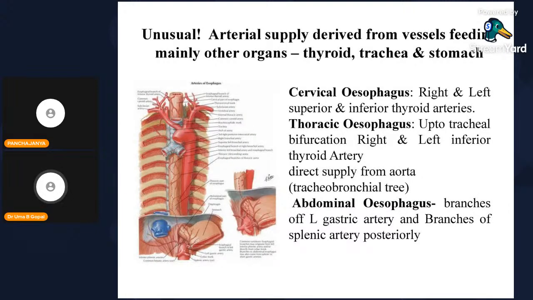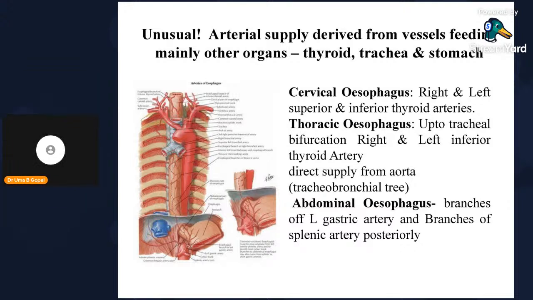There is an unusual blood supply to the esophagus because it is distributed in the cervical, thoracic and abdominal regions. The last half inch of the esophagus, as it pierces and opens into the cardiac orifice of the stomach, has a totally different blood supply.